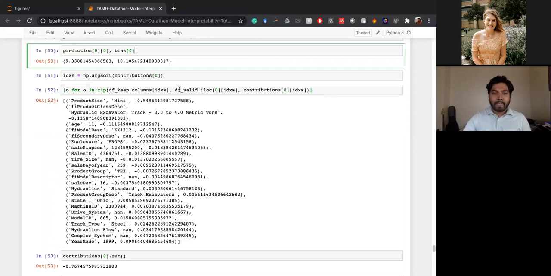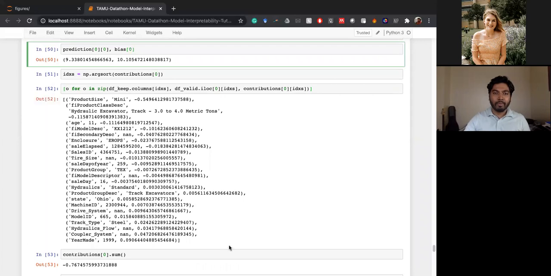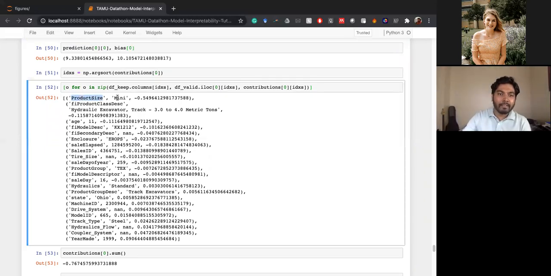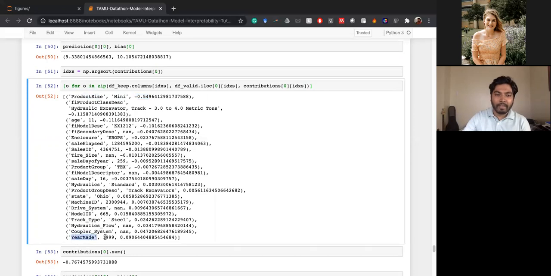If we try to visualize what each feature contributes, for example, the product size being mini led to a reduction of price by minus 0.54, while the year made being 1999 led to an increase in the predicted price by 0.09. And this is with respect to the bias that we get, that is 10.1.